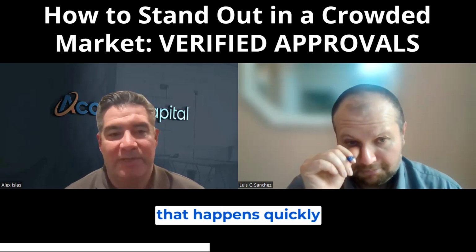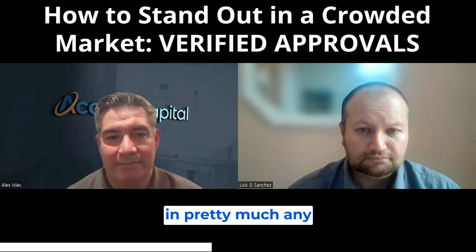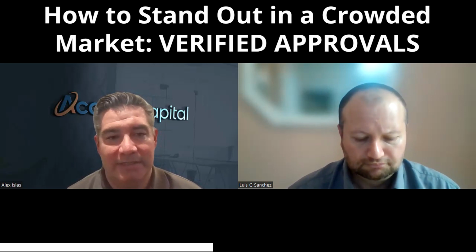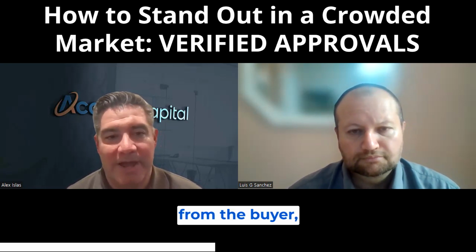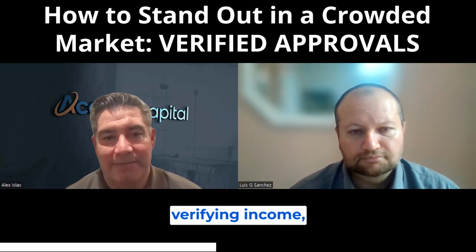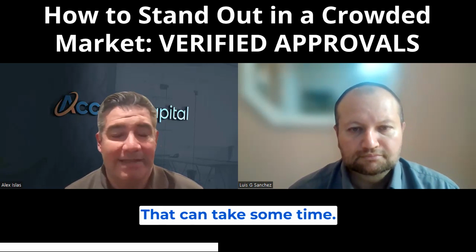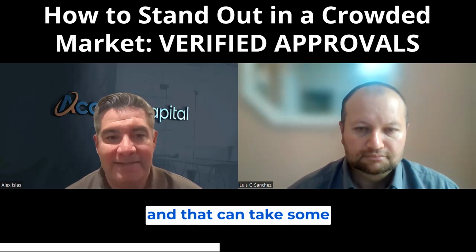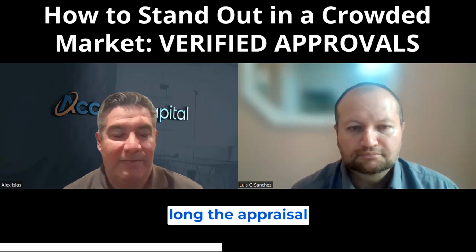I see. And so then the 15-day escrow, the 15-day close, how does that happen so quickly? Well, what takes time in pretty much any transaction, as far as a loan is concerned, is gathering all the documents from the buyer, verifying income, verifying tax returns. That can take some time. Then you have to order the appraisal, and that can take some time. We can't control how long the appraisal takes.